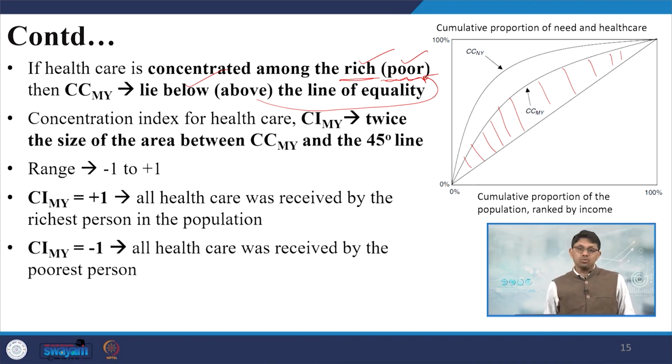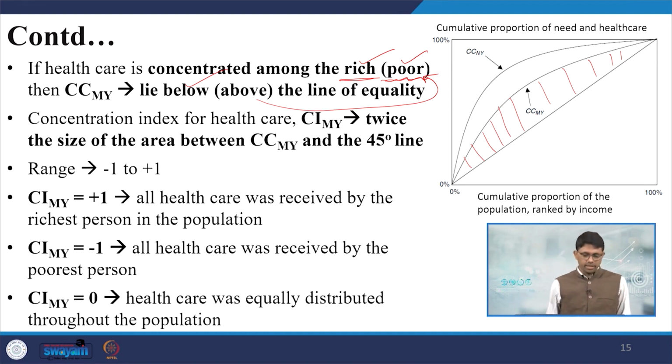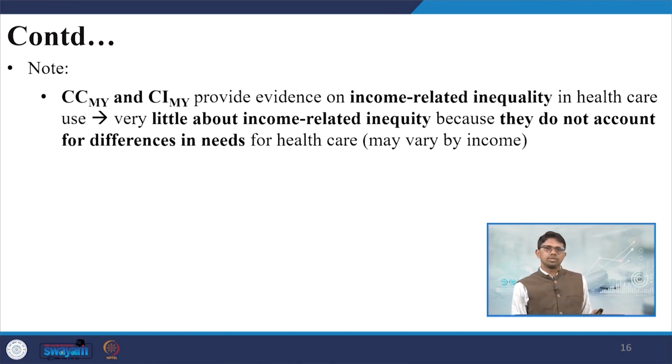And if it is -1, just the reverse, the poorer are the major beneficiaries. And if it is 0, that means it is overlapping with the line of equality, or it is equally distributed between the poor and rich population throughout the distribution channel.